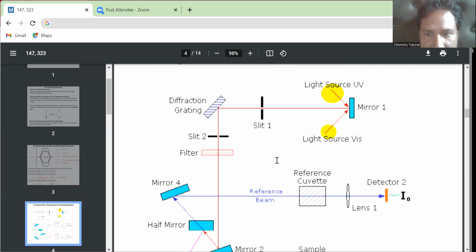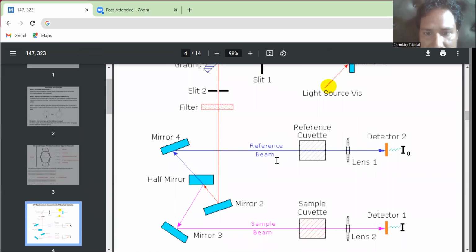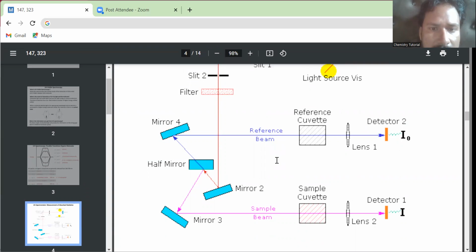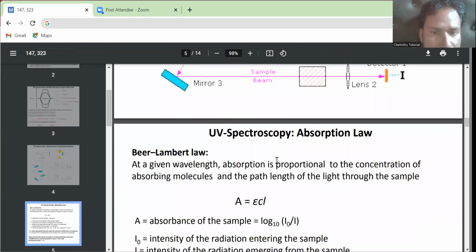Two slits are present, slit 1 and slit 2, along with one filter. A reference cuvette is also used, and there are two detectors, detector 1 and detector 2, as well as two lenses, lens 1 and lens 2. These are the internal compartments of a UV spectrophotometer.